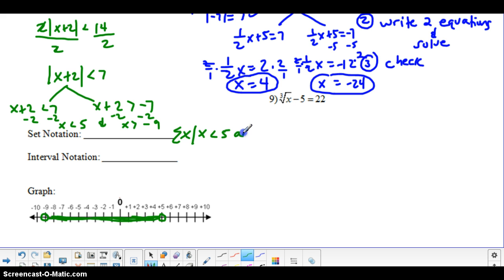And that's always the safest if you're not sure. So x such that x is less than 5 and greater than negative 9.